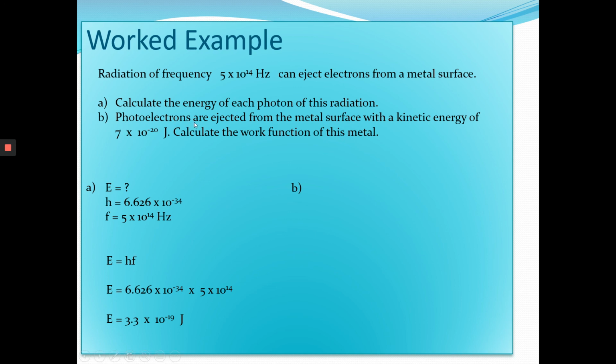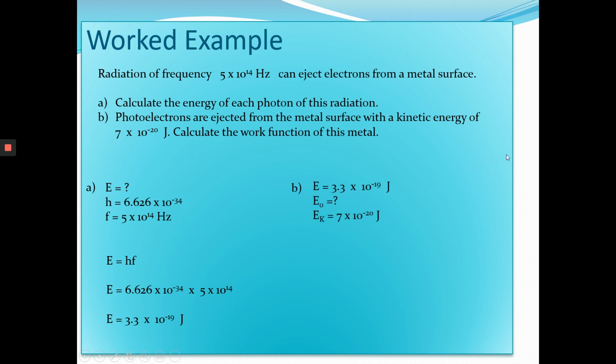Photoelectrons are ejected from a metal surface with a kinetic energy of 7 times 10 to the negative 20 joules. Calculate the work function of this metal. So more or less it's saying that the leftover energy is 7 times 10 to the negative 20 joules.